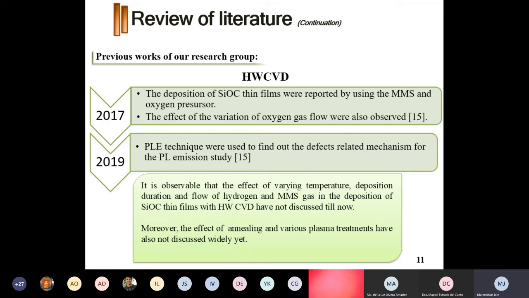In 2019, another paper was published in which the region of photoluminescence was explained with the help of the PLE technique, and they explained that it is due to a defect-related mechanism. Here also we can see that the effects of various parameters have not been studied very well yet, which we can do with the help of annealing and plasma treatment.